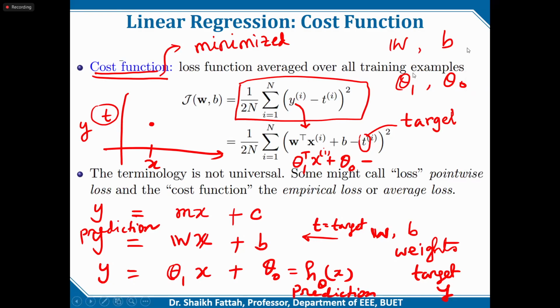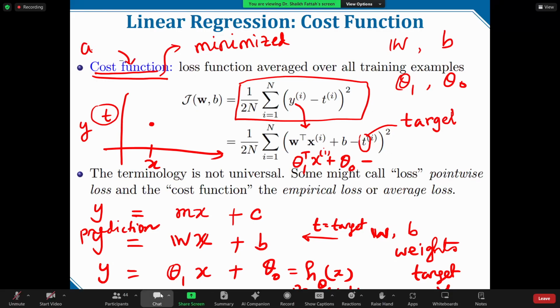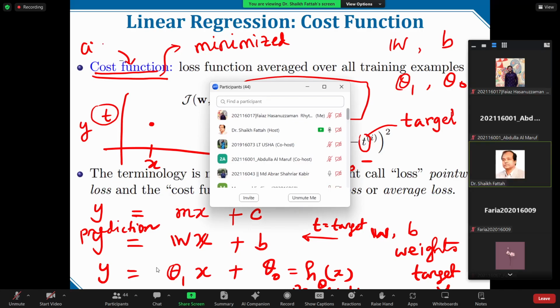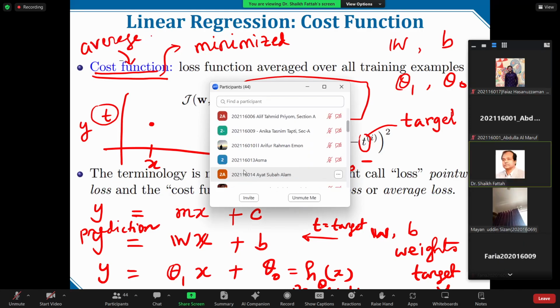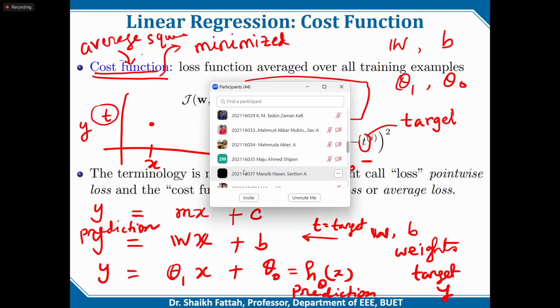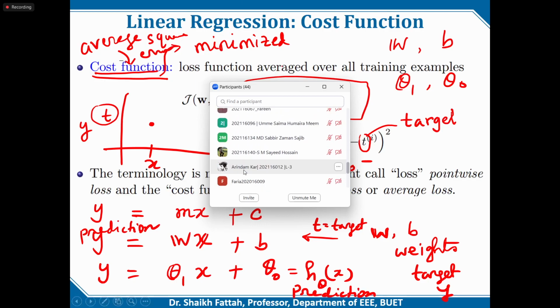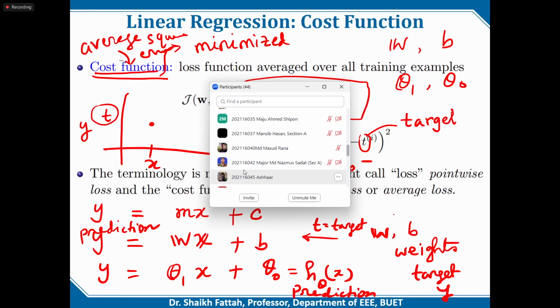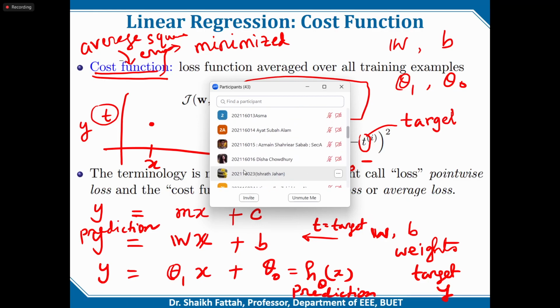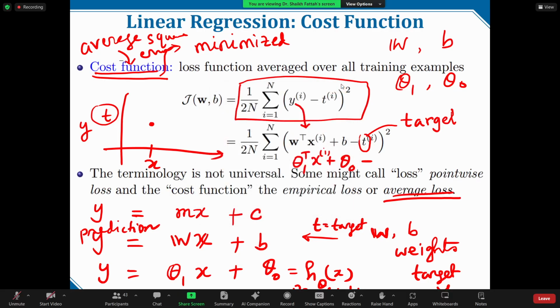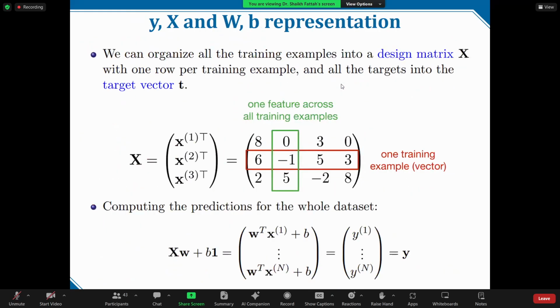It's a representation of error, average error, with respect to the target and estimate. Average squared error. So this loss function, the cost function, is the average loss that we have to minimize.